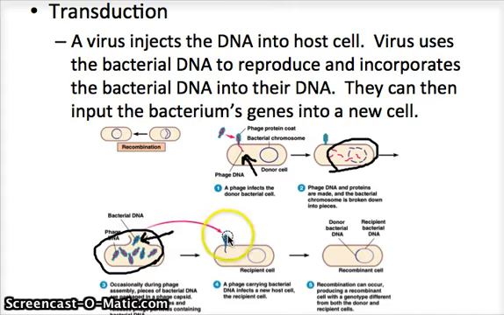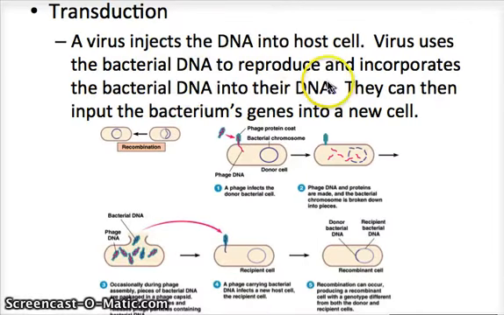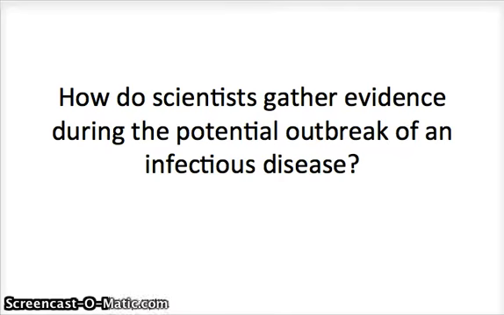These viruses come over here and inject the bacterial DNA into a new cell. Since the virus DNA is not there, it doesn't infect the cell, but the bacterial DNA gets into the cell, and that could have an antibiotic resistance gene on it, and that can be incorporated into the bacteria's DNA, and now it's resistant. So transduction is when a virus puts it into the cell.